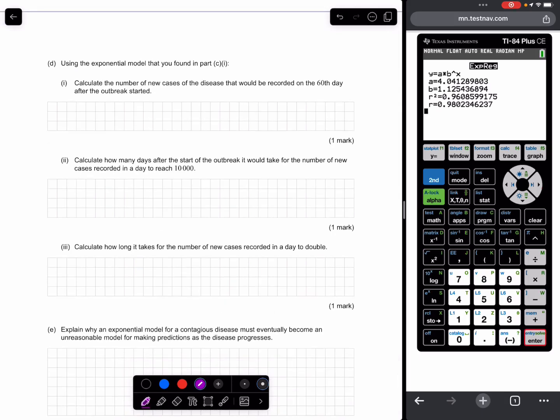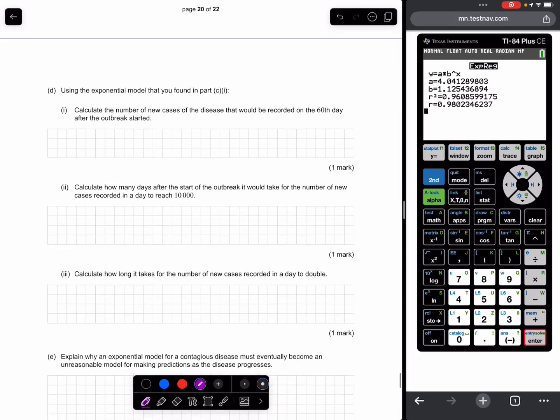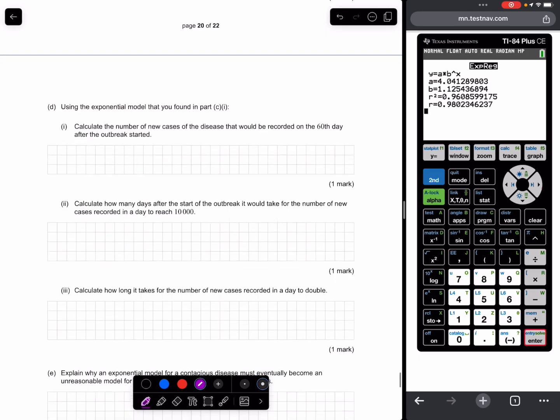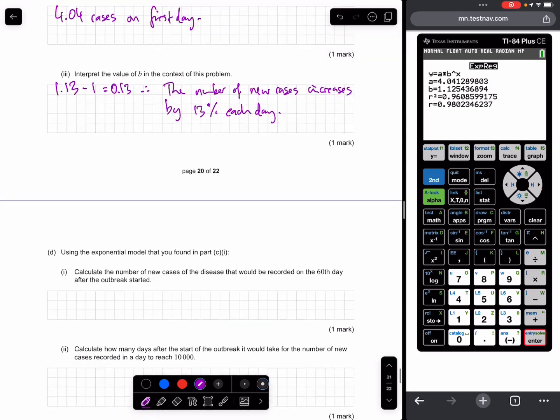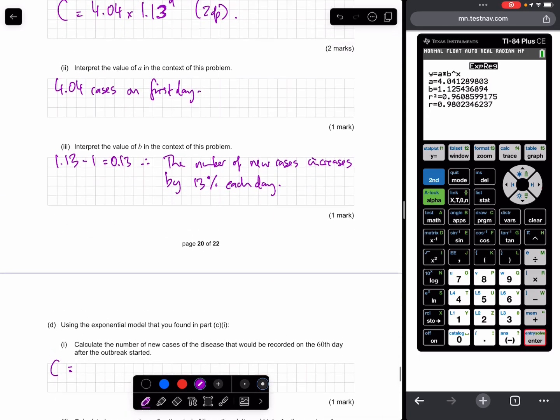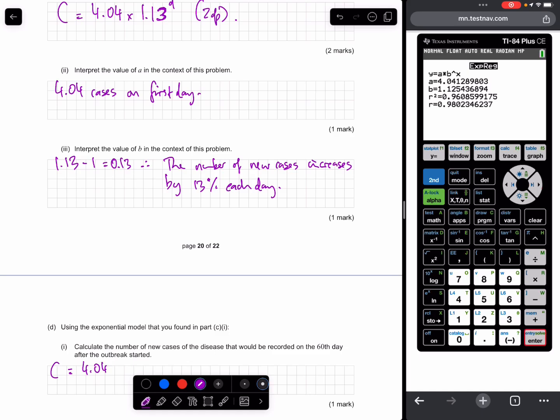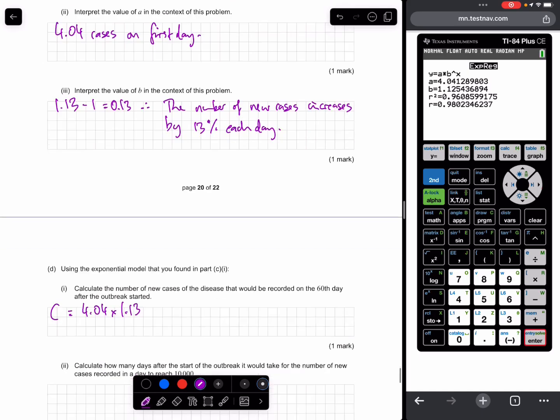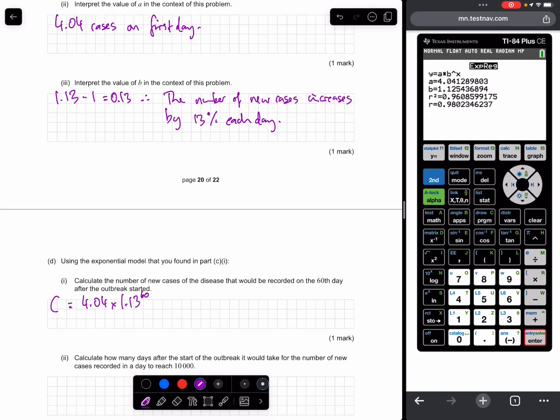D, using the exponential model found in part C1, calculate the number of new cases of the disease that would be recorded on the 60th day after the outbreak started. Cases is 4.04 times by 1.13 to the power of 60. 1.13 to the power of 60 times by 4.04.